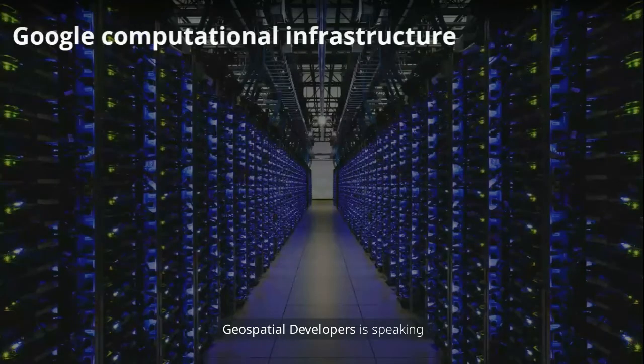Like what you see here, these are servers that process all the analysis, all the applications that you develop on Earth Engine. You have powerful workstations that process your data or the products that you'll be running on your Earth Engine.